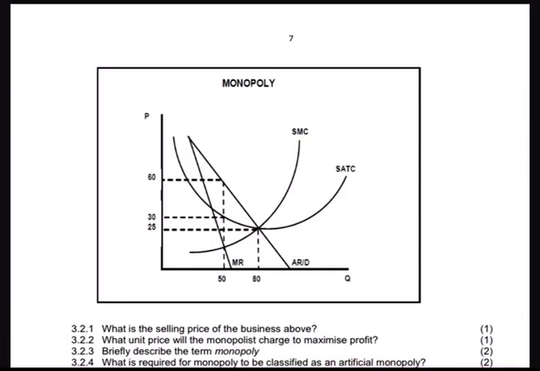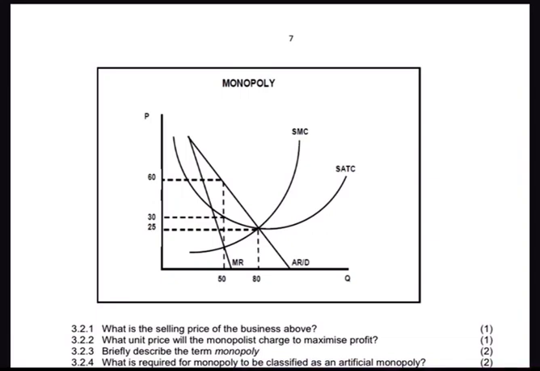monopoly. So a monopoly to become artificial, it's normally influenced by external factors. So the answer to this one is quite simple.